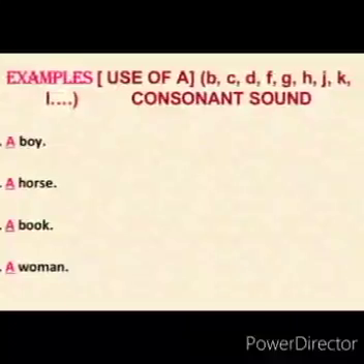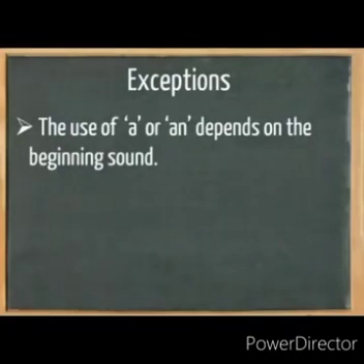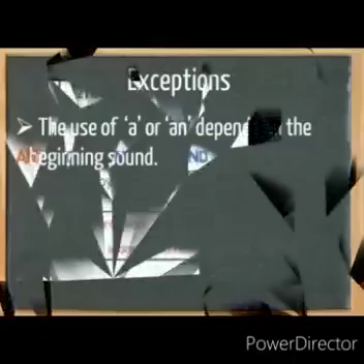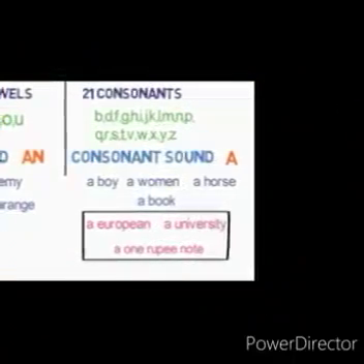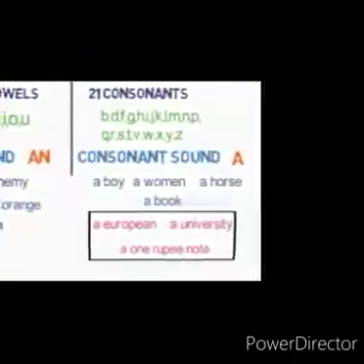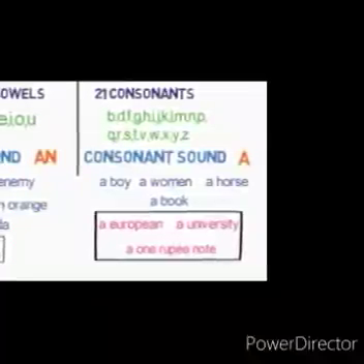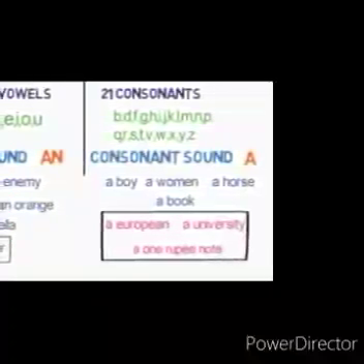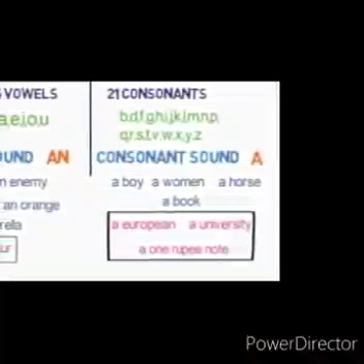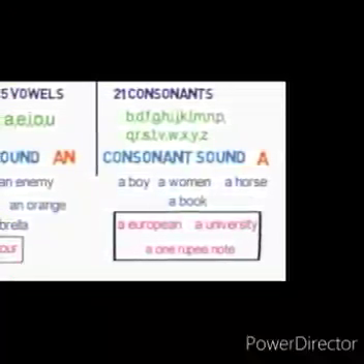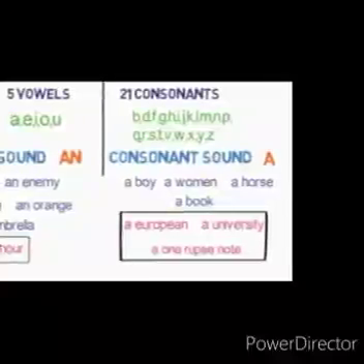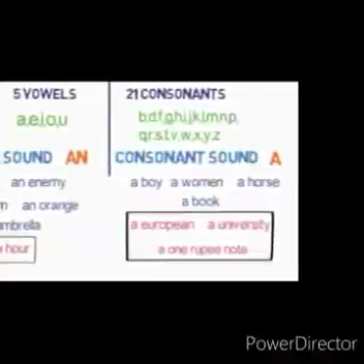Now let's look into the words that start with a vowel letter, but the starting sound is of consonant. Now see these words: a European, a university, a 1 rupee note. These all words start with a consonant sound.